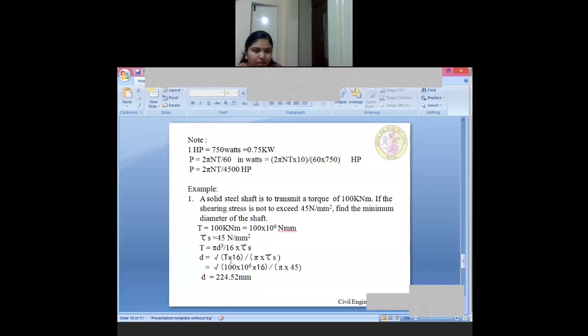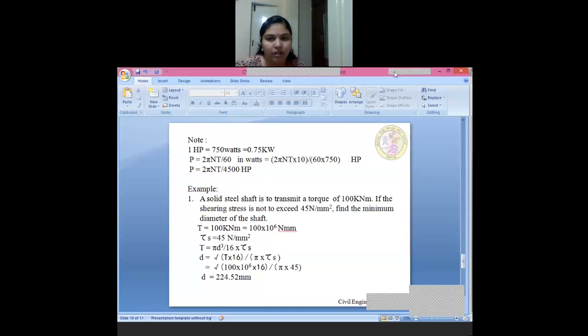D will be equal to the cube root of T into 16 divided by pi into tau. Substituting the values of T and tau, the cube root of 100 into 10 power 6 into 16 divided by pi into 45. The diameter comes to 224.52 mm.